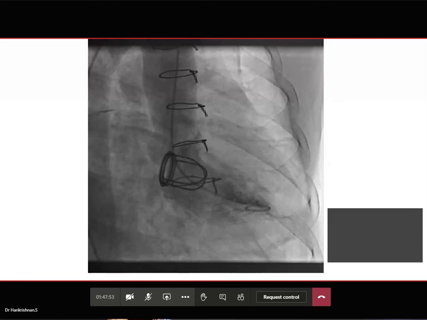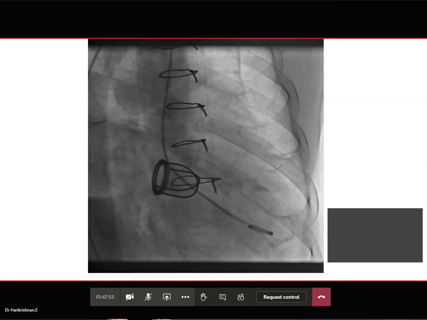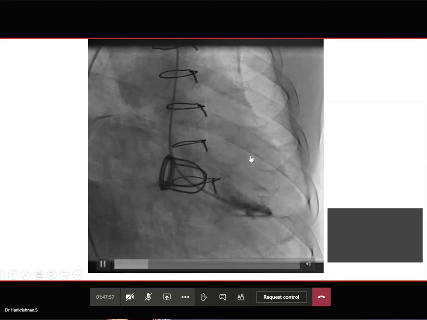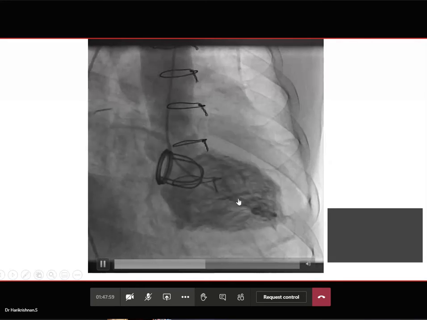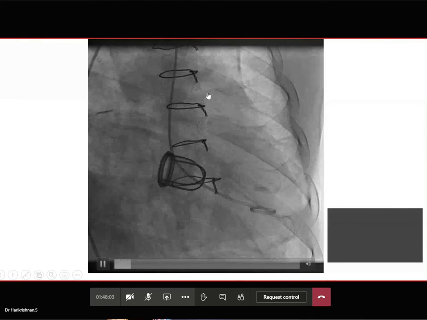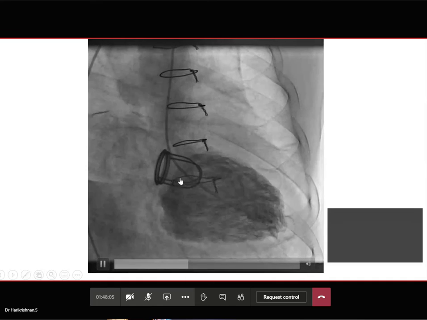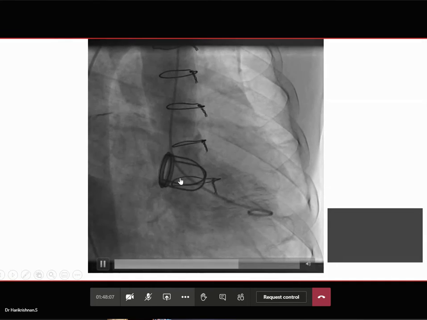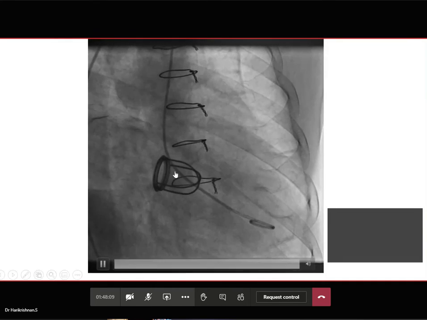LV angiogram, sir, performed with pigtail catheter in the LV cavity. Very good. He's a post-op case, sir. Mitral valve replacement done with Starr Edwards valve. The valve in the cage is not seen moving, sir. It's looking like a stuck valve.